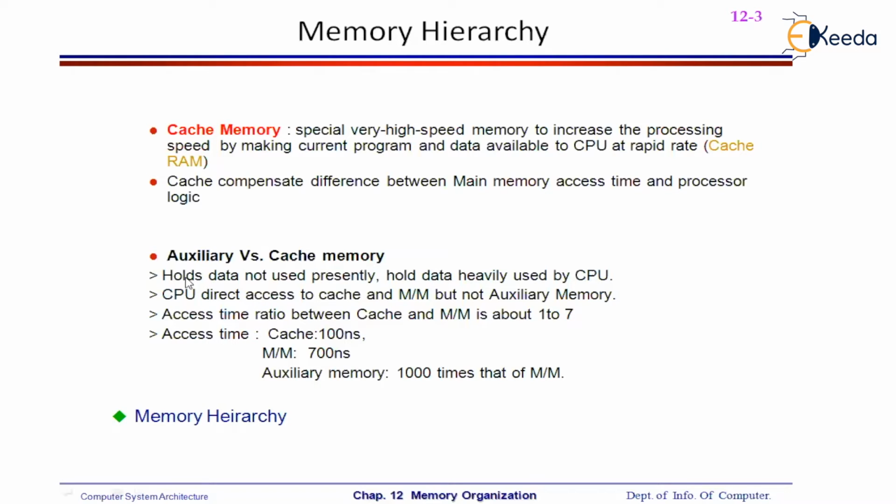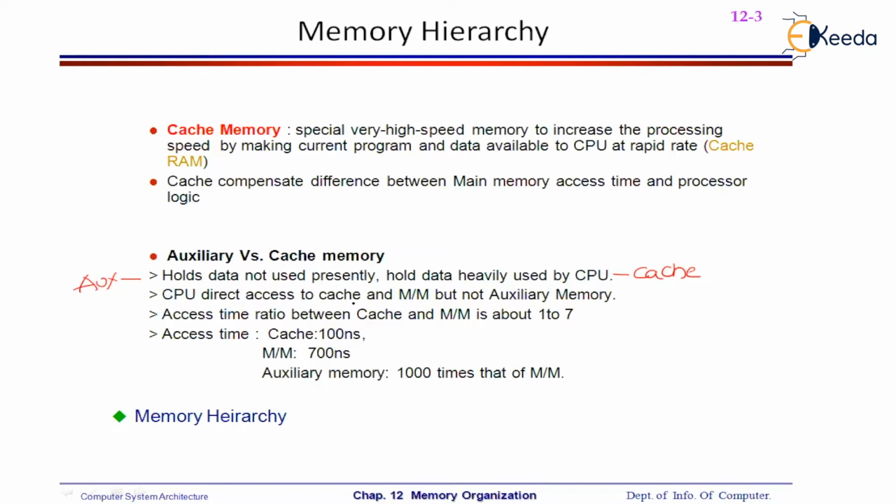The auxiliary memory holds the data not used presently, but the cache memory holds the data which is used presently. Holding the data heavily used by the CPU is a property of cache memory, and this is the property of auxiliary memory.